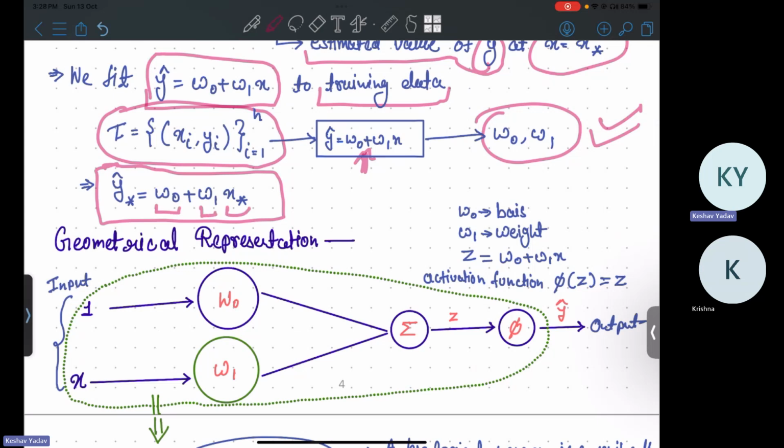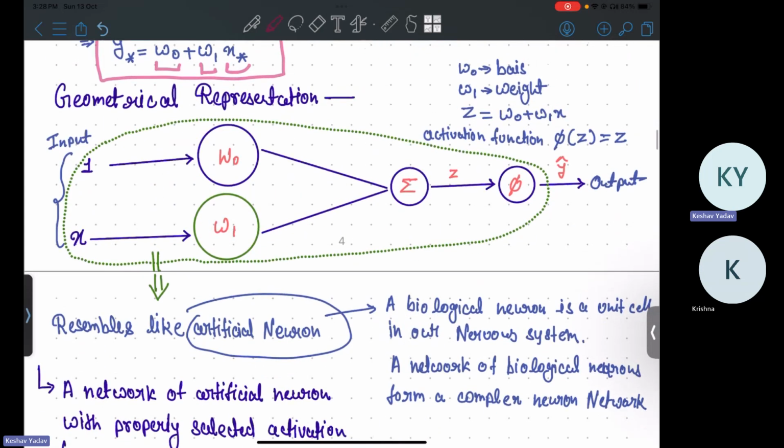If we represent it in geometrical form, there are two inputs in this equation. The first one is 1, the second one is x. There is some weight associated with x, that is W1, and some bias associated with the constant, that is W0. Then we do the inner product of these two and the summation, and then apply some activation function phi to get the output y hat.